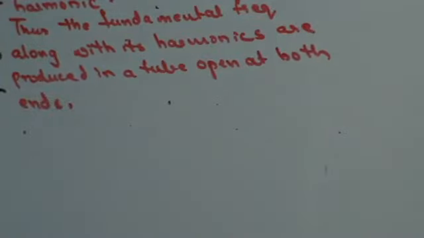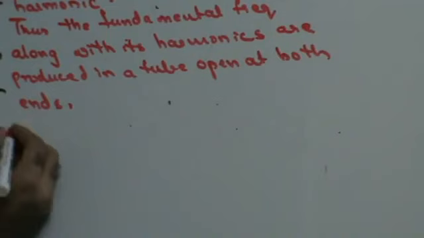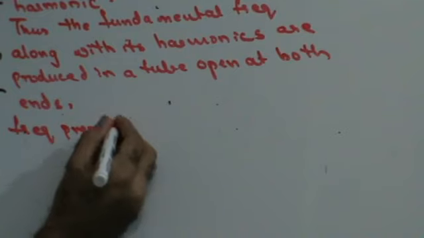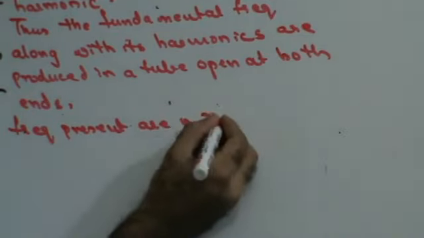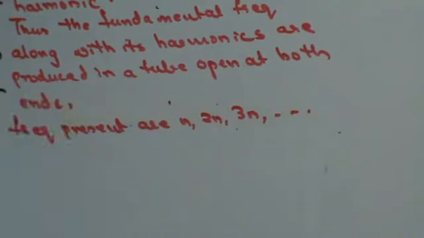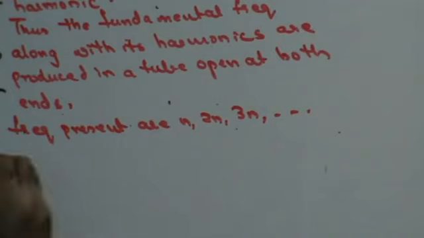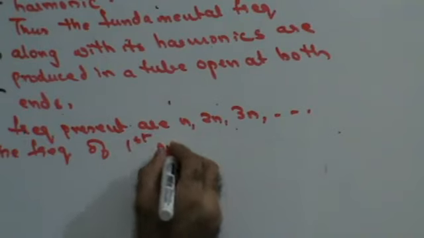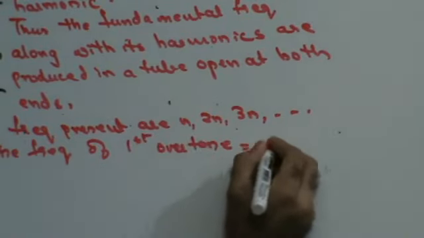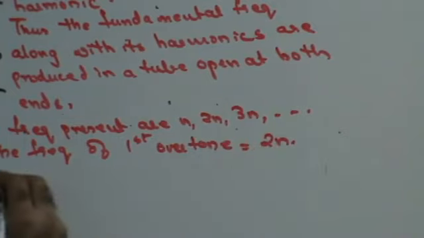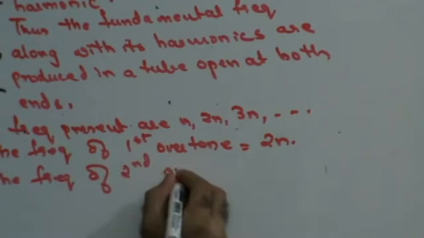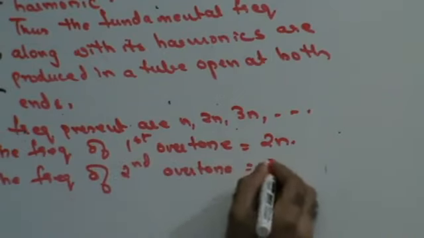Right? I can say that frequencies present are N, 2N, 3N and so on. The frequency of the first overtone is 2N. Similarly, the frequency of the second overtone is 3N.